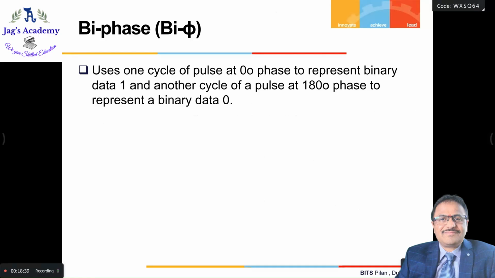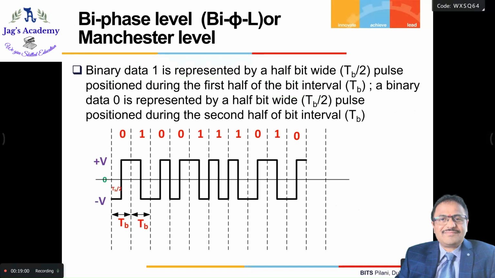Now, in one cycle of pulse, one phase represents a 0 degree phase to represent binary data 1, and the other is 180 degrees out of phase. Let us practically see how exactly a biphase looks like.